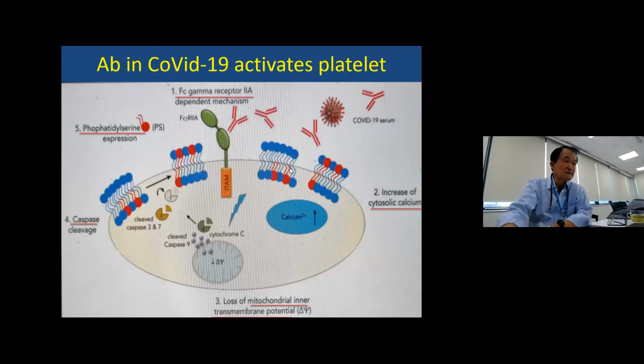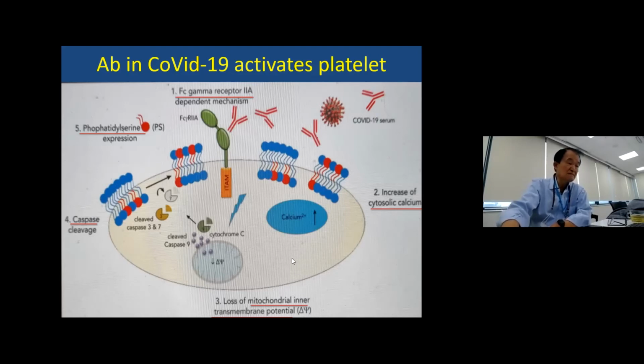And so when we receive a vaccine and antibody production related to coronavirus, this antibody also activates platelets. So some may develop thrombosis.